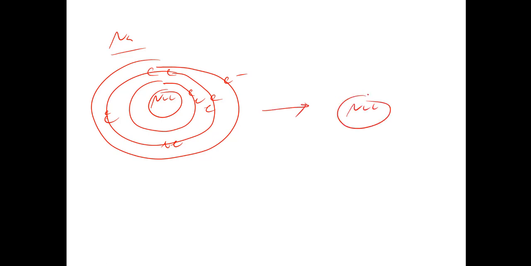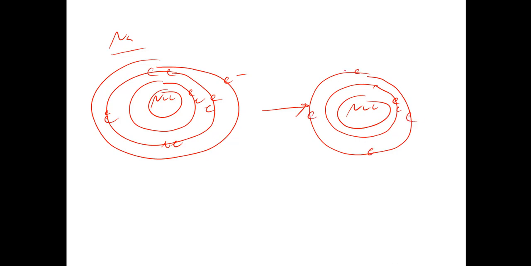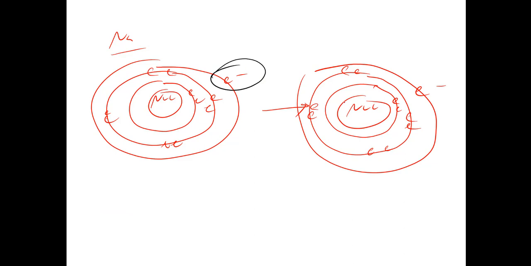Now, nature loves having 8 electrons in its outermost shell, and it doesn't care how it does it. So there are some elements that instead of gaining an electron, what it will do is it will lose an electron. So using my black pen, there's my outermost electron.